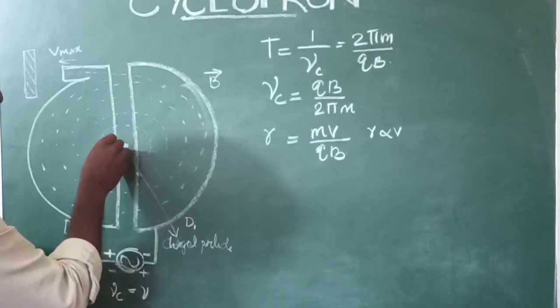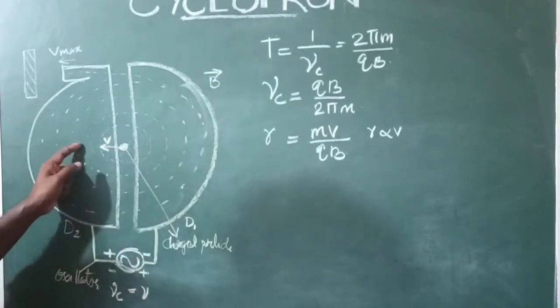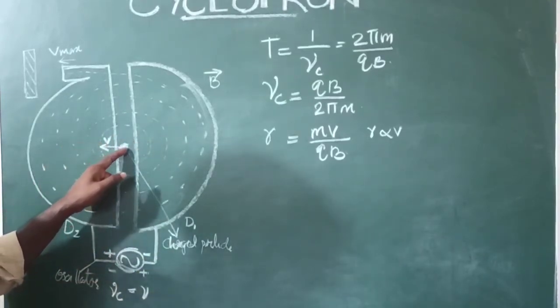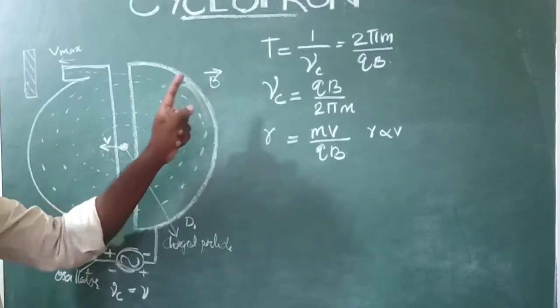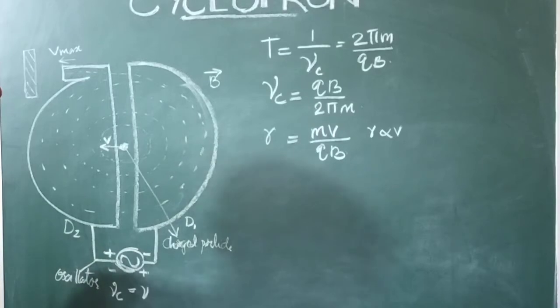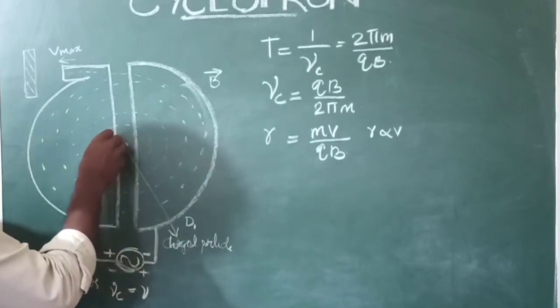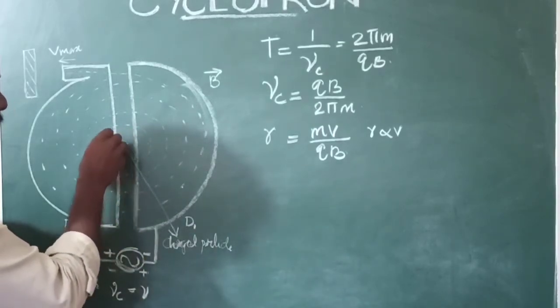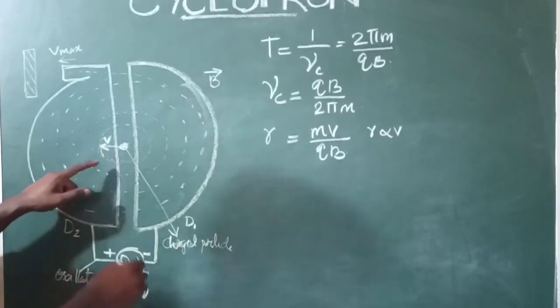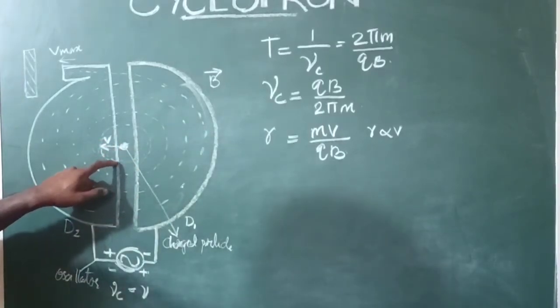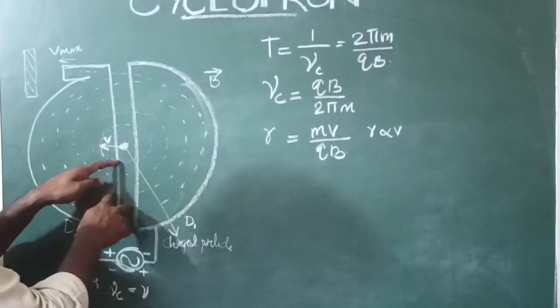As it enters D2, the direction of its velocity is perpendicular to the direction of the magnetic field, so it follows a circular path and moves to the end of D2. There is a gap in between D1 and D2.